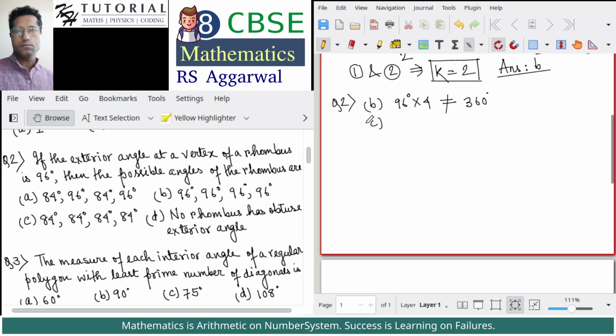Also similarly, you will see that in choice C, all the given angles are 84 degrees. So 84 degrees multiplied by 4 is definitely not equal to 360 degrees. So the answer will be either choice A or choice D. Now choice D is saying no rhombus has.